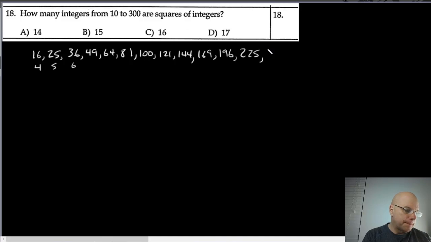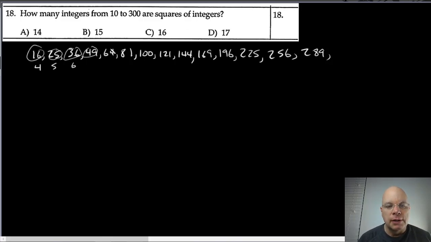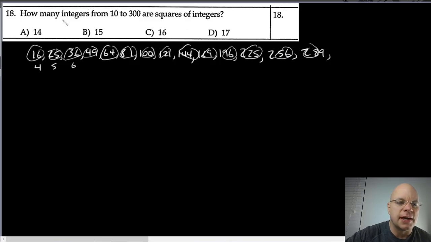So 16 squared, you have 256. 17 squared is 289, I think. And I'm fairly certain 18 squared goes over, but as long as I can use a calculator, let's just check. Yeah, 324. So 1, 2, 3, 4, 5, 6, 7, 8, 9, 10, 11, 12, 13, 14. So it should be answer choice A, if we did it right.